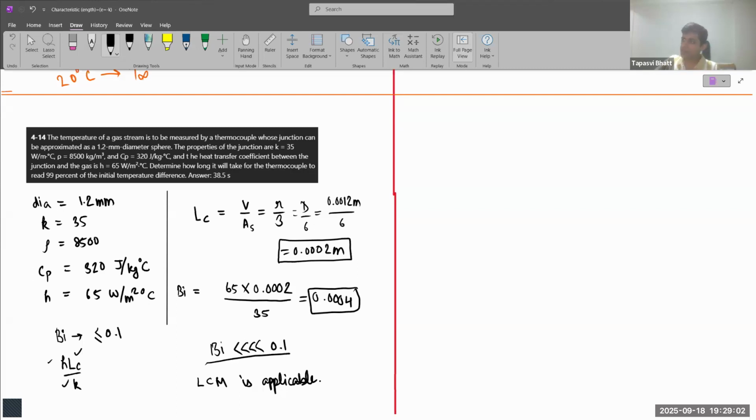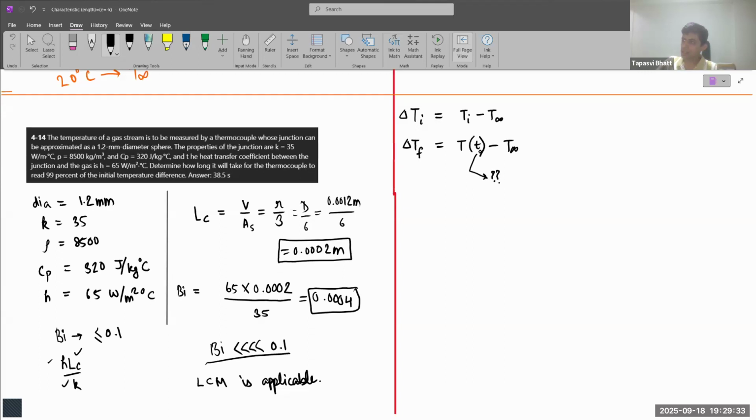So the initial temperature difference, delta T initial, is Ti minus T infinity. And the final temperature difference, delta T final, is T at some time t minus T infinity. What they are asking us to find is this t.